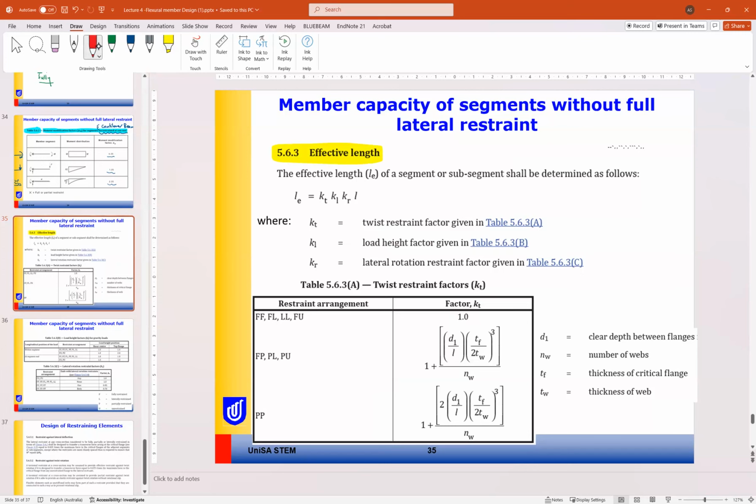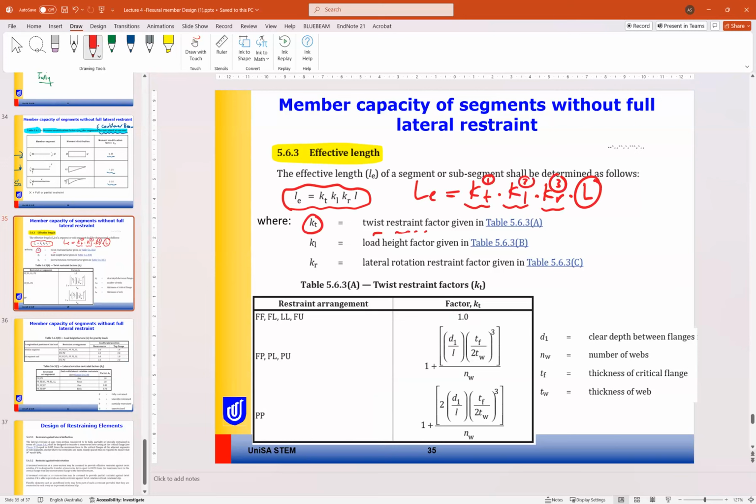So the effective length equals this formula: L effective equals KT, KL, KR multiplied by L. So L is the beam length, but we have three coefficients, 1, 2, 3.